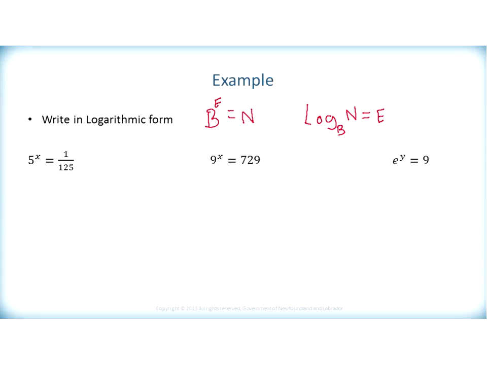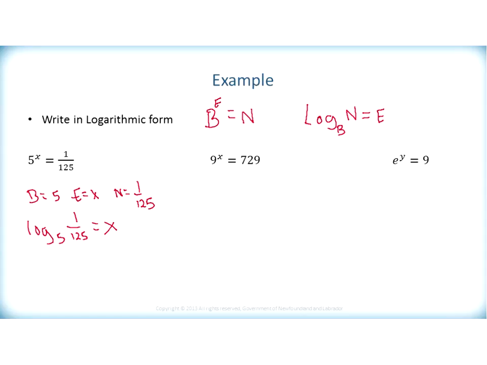And so here, the base equals 5, the exponent is equal to x, and the number equals 1 over 125. And so we're writing it in logarithmic form. We'd have log of 1 over 125, base 5 equals x.